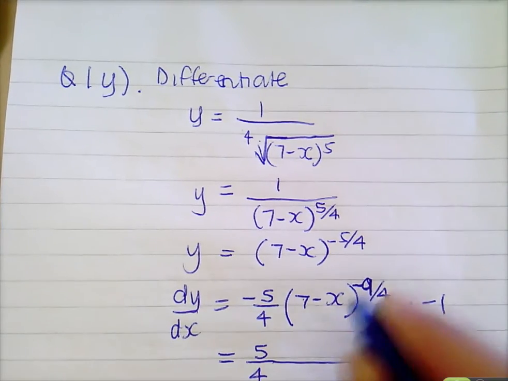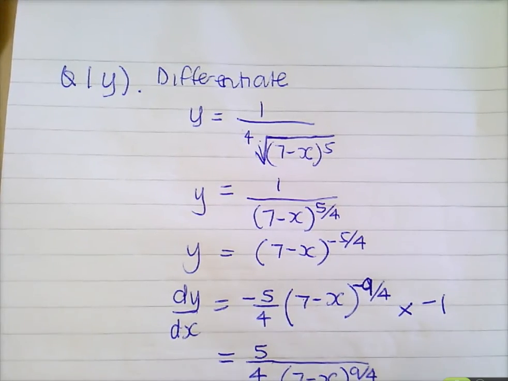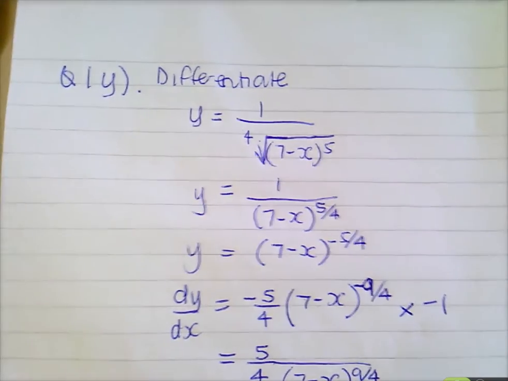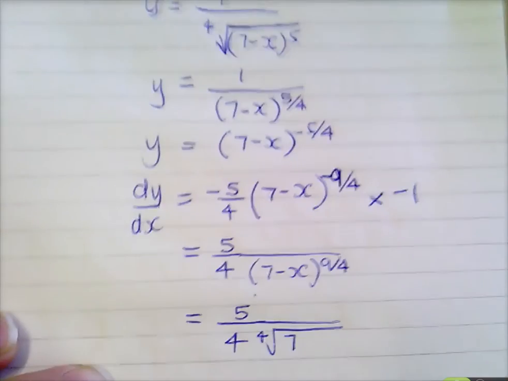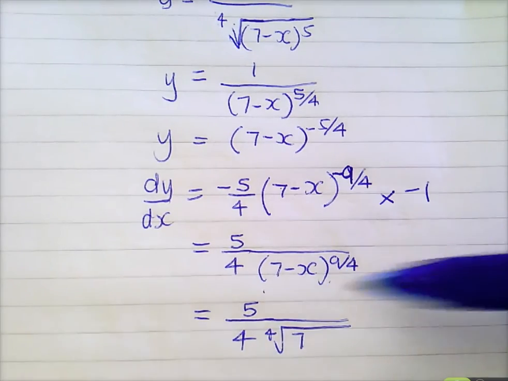Do you want to write this down on the denominator? 7 minus x to the positive 9 on 4, which is 5 on 4, the 4th root of... So, get rid of the negative power by putting this on the denominator.